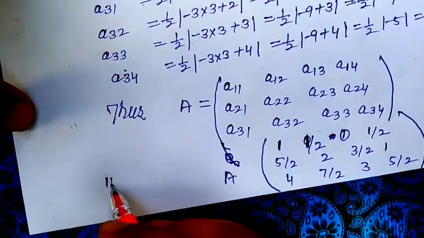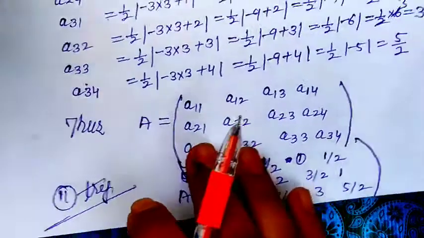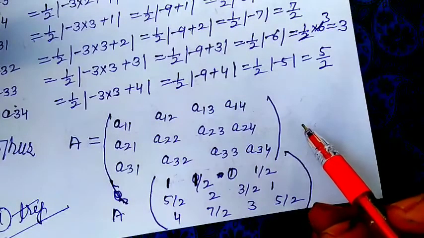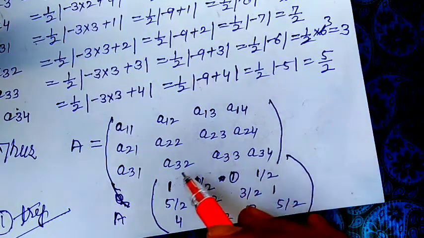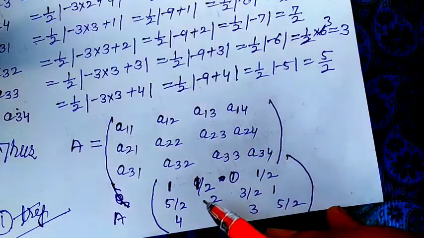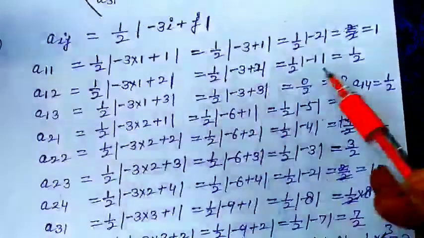The second part you can do yourself. Try. Hope you understood this part. It's congested here, but you can easily understand. You need only those values.